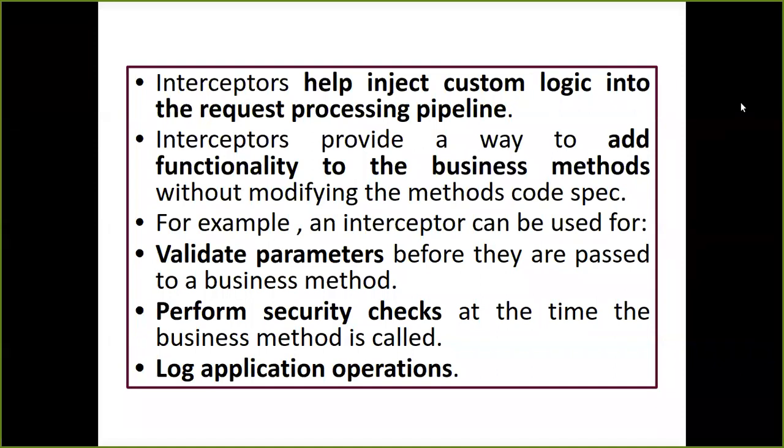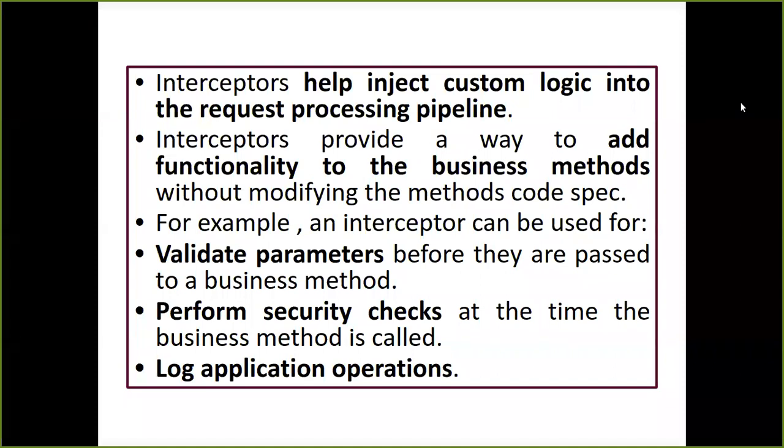That's why the interceptor is called an add-on functionality to the EJB, that is your enterprise Java bean, which works for the methods without modifying the method specification, without modifying the method code, without modifying the logic written inside the method.